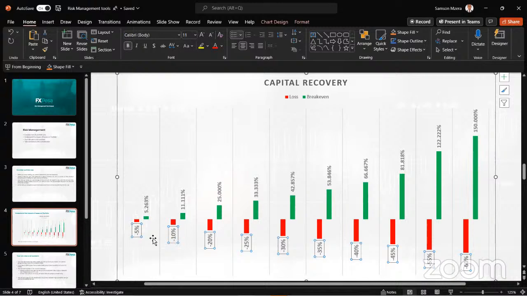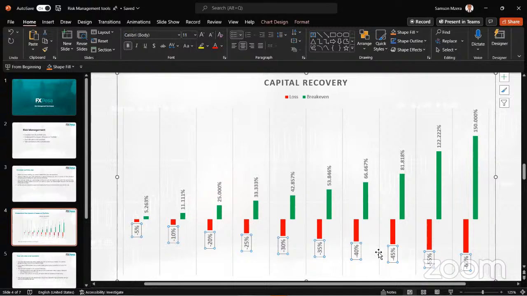And that concept should come out clearly. Risk is not linear. Your capital and effort is not linear. You can't assume that you'll need the same effort just to get back to break even, because you're giving yourself a harder task. And as soon as you understand that risk is not linear, then you have a greater idea of risk per trade, monitoring your risk, and trying to understand what it takes to get back your account to break even.